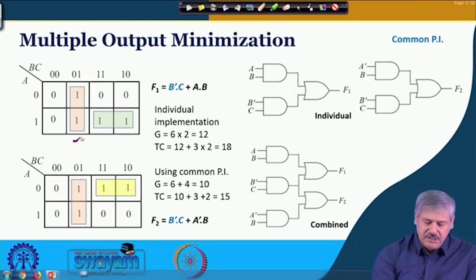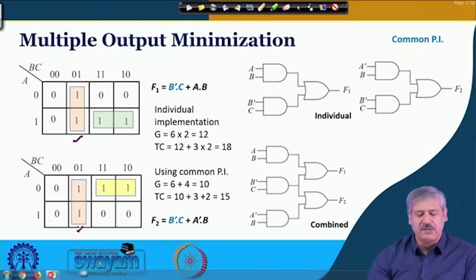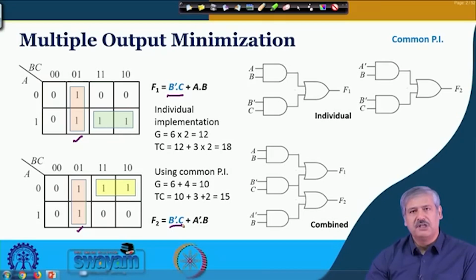You see these are the common terms between these two functions. So, B'C is the common prime implicant, and of course in this case the decision is obvious.